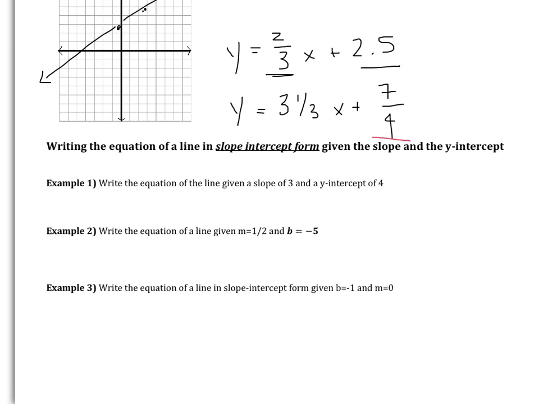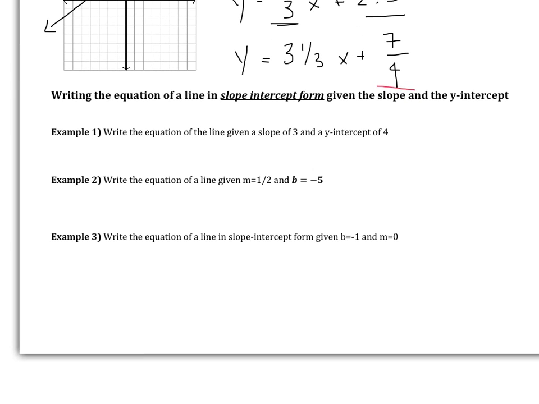Okay, let's go over some examples. We're talking about writing an equation of a line in slope-intercept form given the slope and the y-intercept. Example 1 says, write the equation of a line given a slope of 3 and a y-intercept of 4. So I know that my equation is y equals mx plus b. Given a slope of 3, I know that slope is m, so m is 3.